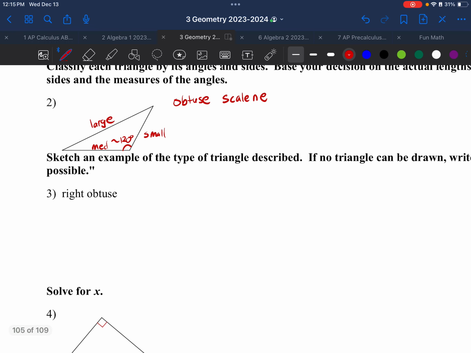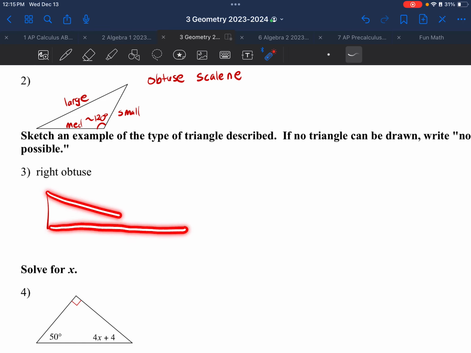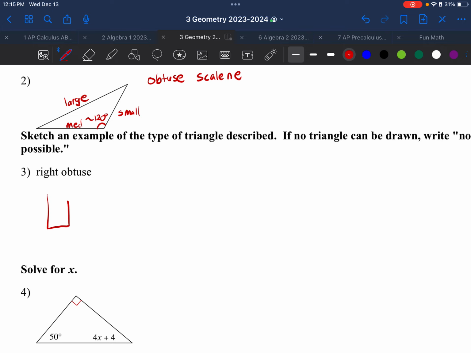And number 3, sketch an example of the triangle described. Right, obtuse. Funnily enough, right and obtuse both describe angles. Right means one of the angles is 90 degrees. If one of the angles is 90 degrees, no matter how far I draw this line out, there's no way that these 2 angles can ever be more than 90, because 90 plus 90 adds up to 180 degrees, and these will never hit each other.